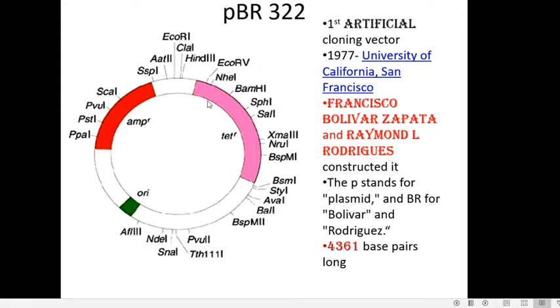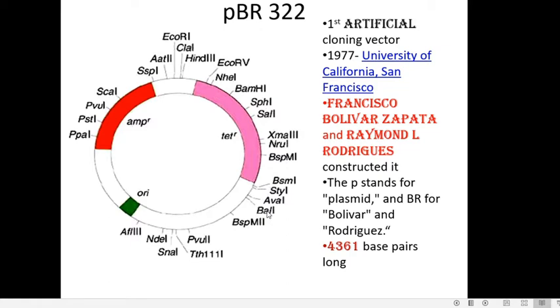So if EcoRI enzyme is added to this vector, it will be cut at this region. Suppose we add the enzyme BamHI to the vector-containing medium, the vector will be cut at this region. So these regions are called the restriction sites.